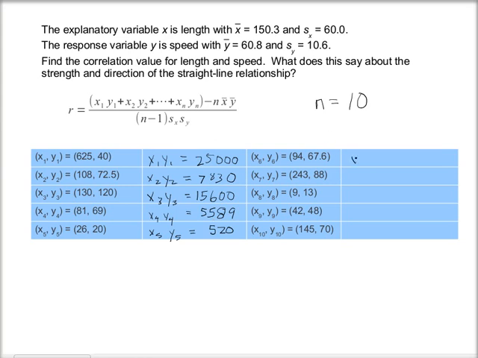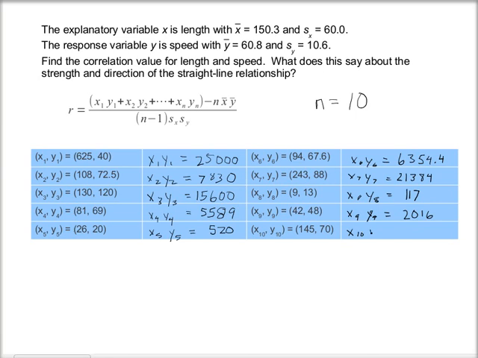x6 times y6 is 94 times 67.6, and that's going to give me 6,354.4. x7 times y7 is 243 times 88, this is the horse, and that's going to give me 21,384 for that product. x8 times y8 is going to be 9 times 13, this is the mouse, and that's going to give me 117 for that product. x9 times y9 is 42 times 48, that's going to give me 2016.